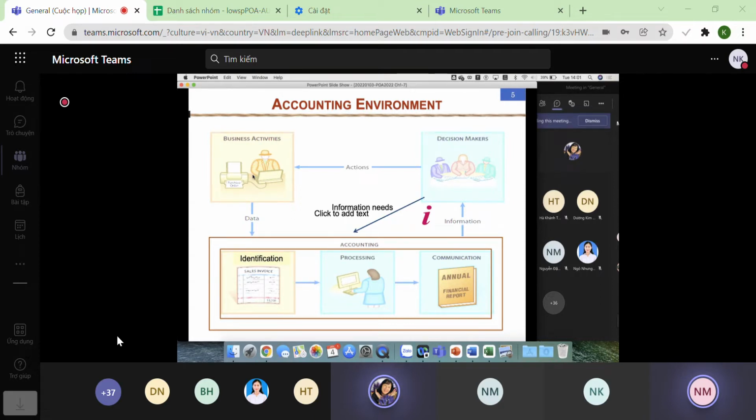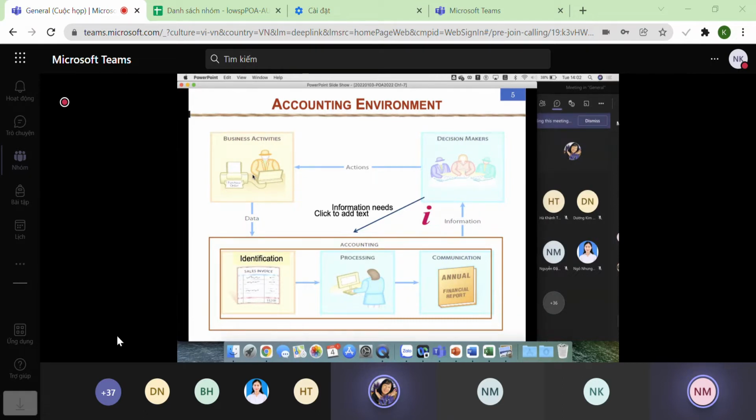We sell all of the inventory. Those kinds of activities, we call the economic events. But in accounting, they call them business activities. Hoạt động kinh doanh, business activities.